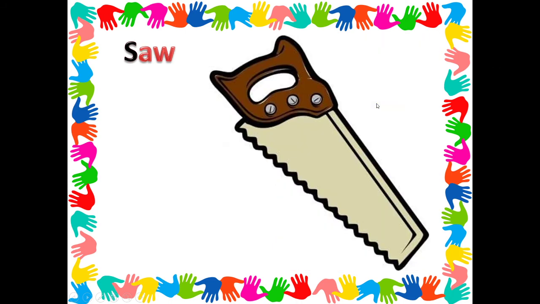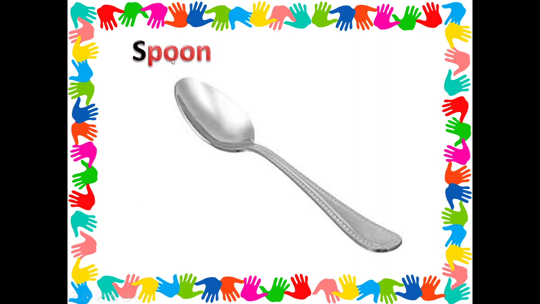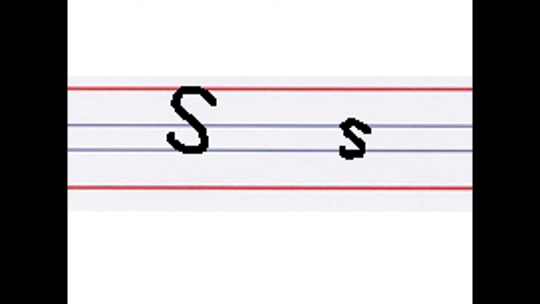Now, S sun. Repeat after me. S sun. S star. S spoon. S snake. Now, how do we write the letter S?